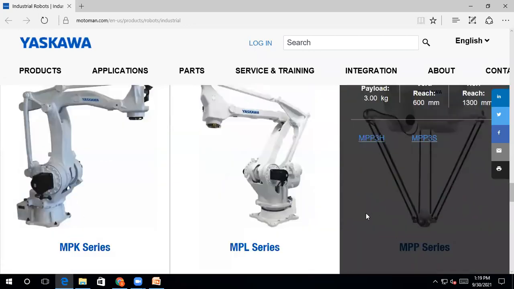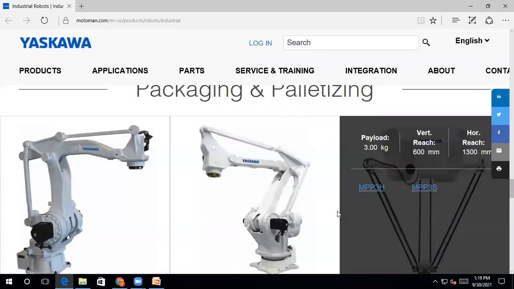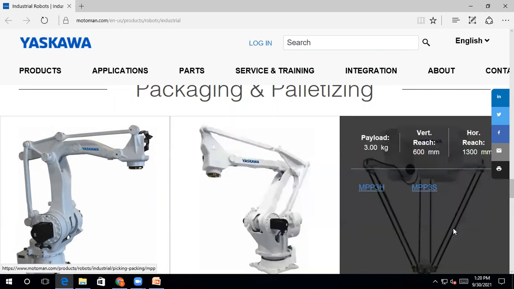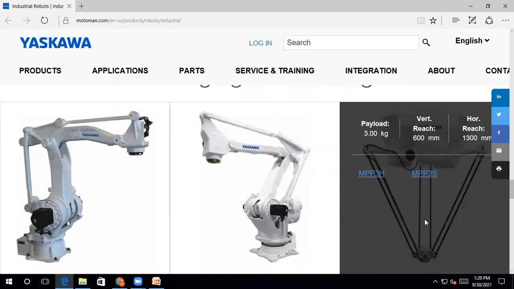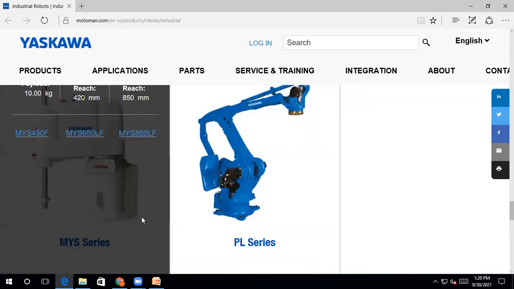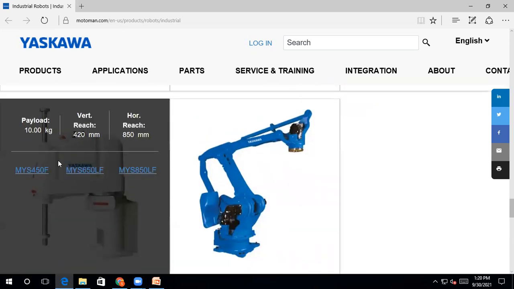And the next robot series has payload 500 kg, vertical reach 3024 mm, horizontal reach 3159 mm. Now this Delta robot is there, payload 3 kg, vertical reach 600 mm, horizontal reach 1300 mm. Now this MVS series, its specifications: payload 6 kg, vertical reach 330 mm, horizontal reach 650 mm.